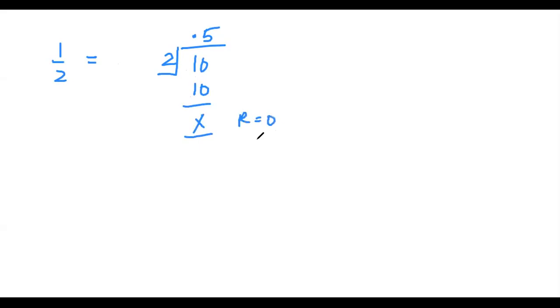Let's take an example of, let's say, 1 by 2, and let us try to find the decimal expansion of this. So 2, I'll put a point here and I will put 5 and I get the remainder 0. Basically r is 0, right? So this is 0.5.